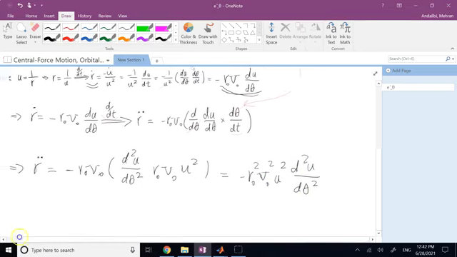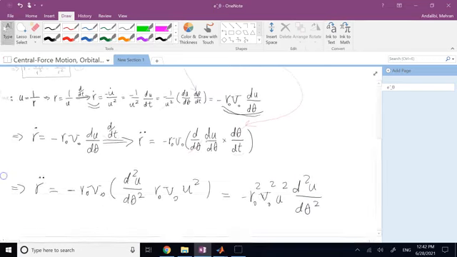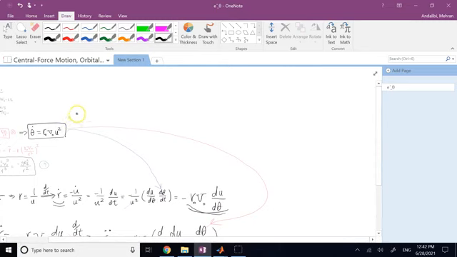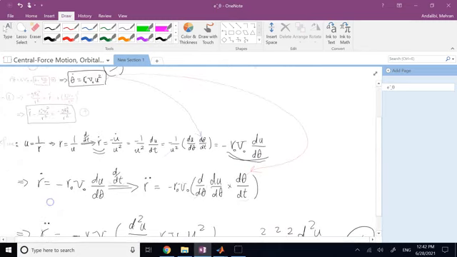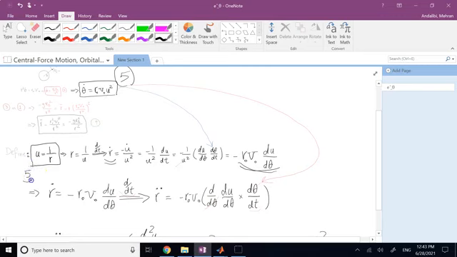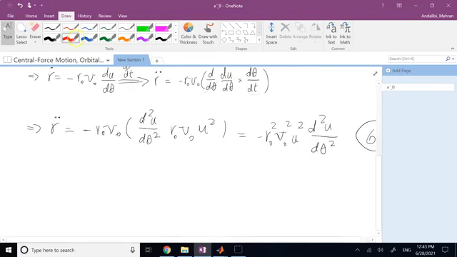And now this one, if I call this guy equation number 6, and I call this top one 5, because that one I did not give a number to. So if I plug in 5 and 6 into 4, what happens?